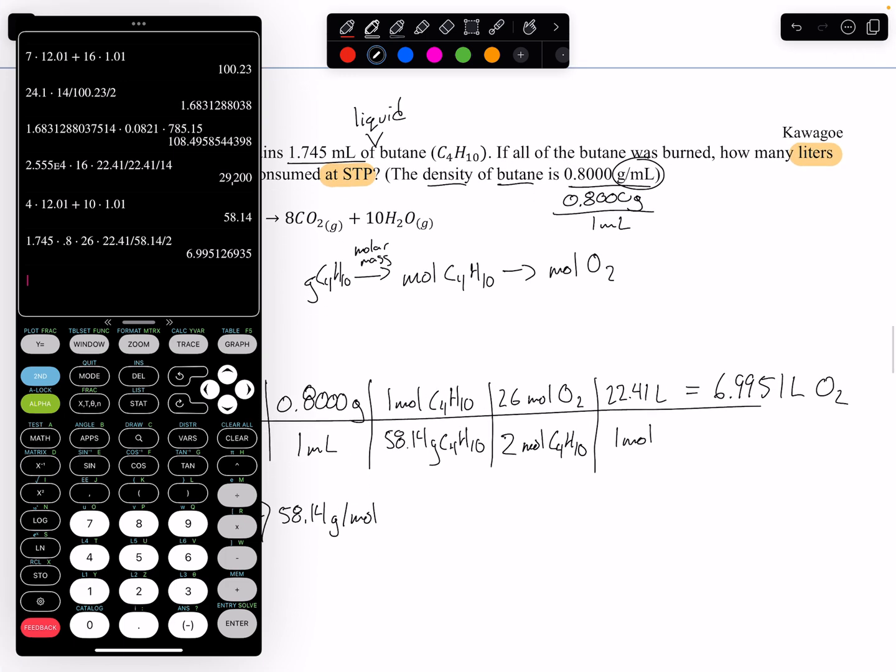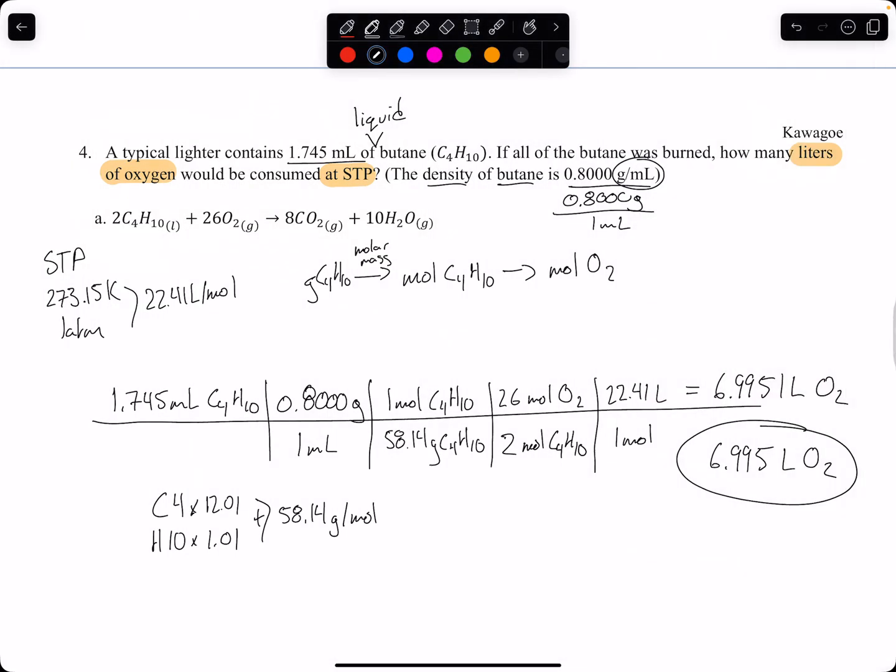Now, sig figs, looks like we have 4. So with correct sig figs, this will be 6.995 liters of oxygen. Give that a shot so you can pause, and I'll move on to the next.